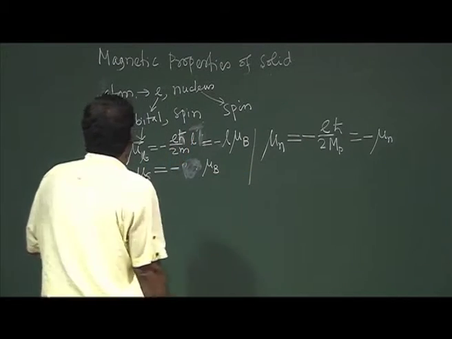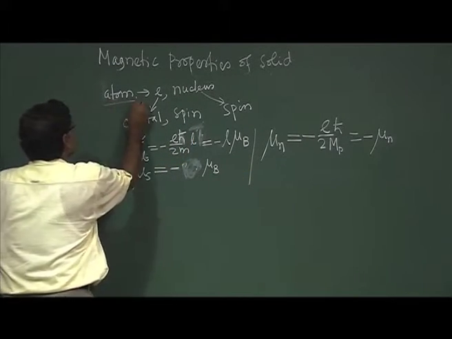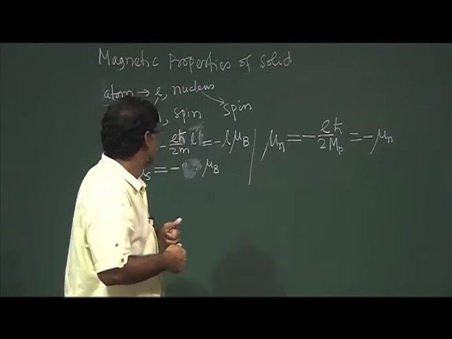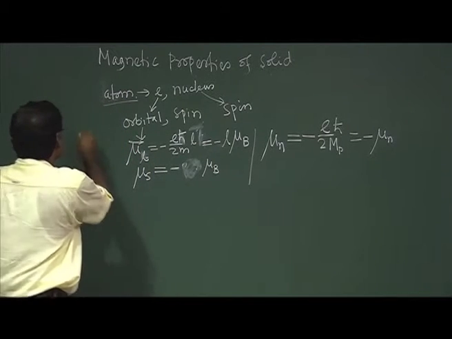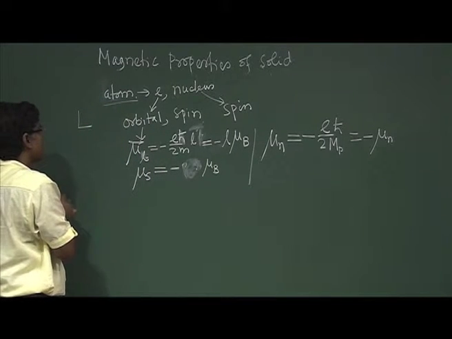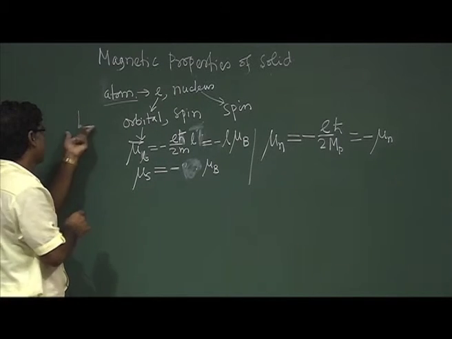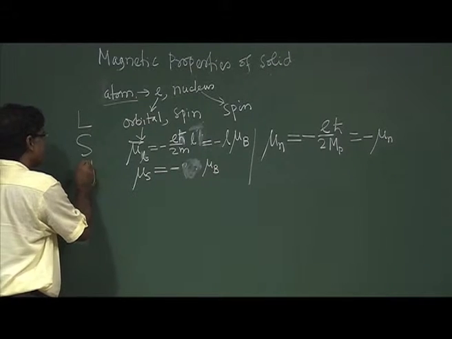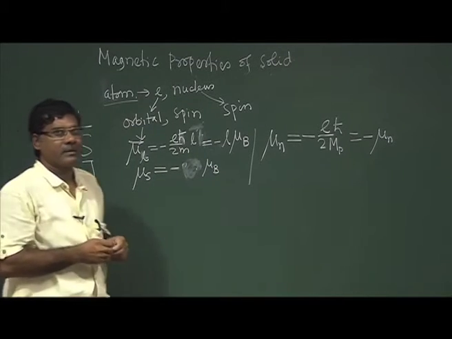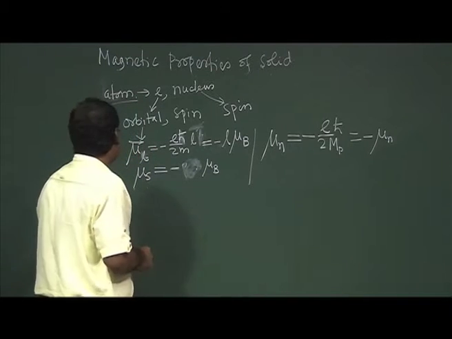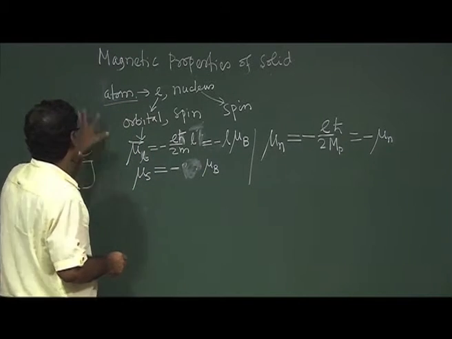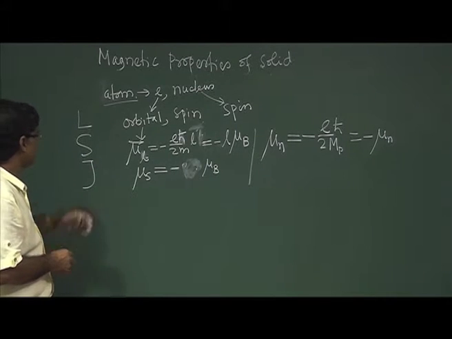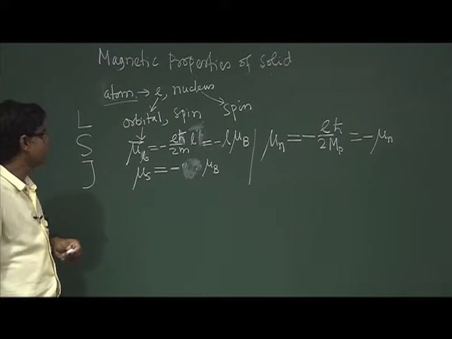Now an atom has many electrons, which means there are many orbits, and these electrons have spinning motion. So one can calculate the total angular momentum, capital L and capital S, and then considering the LS coupling, that is J. I have discussed this, but will discuss further whenever necessary.